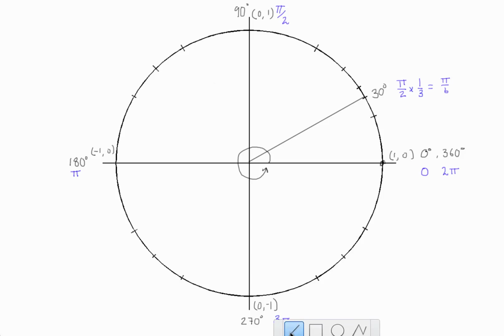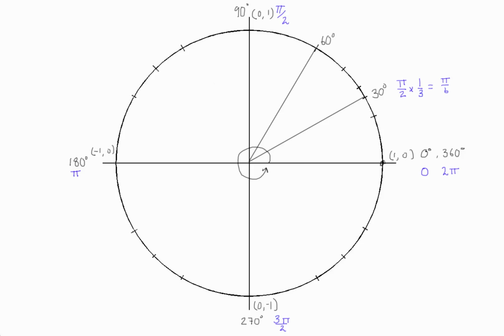The next one we're going to do is 60 degrees. Hang on, that was the worst line I've drawn in a while. 60 degrees. Now, again, there are many different ways we can do this, but 60 degrees is double 30 degrees.